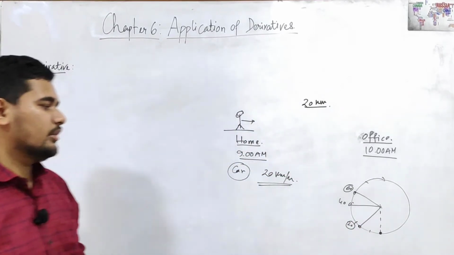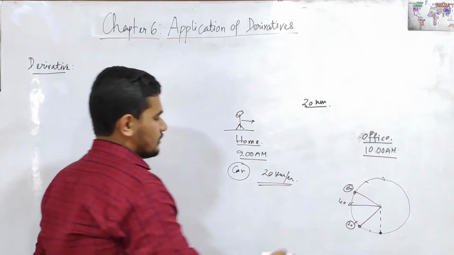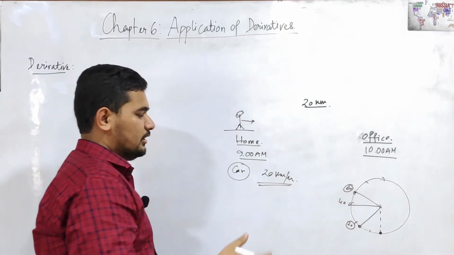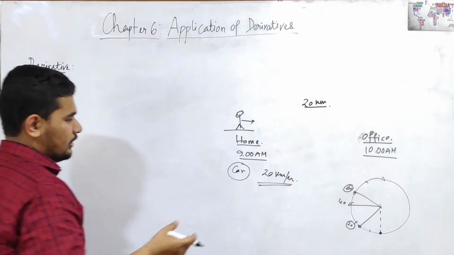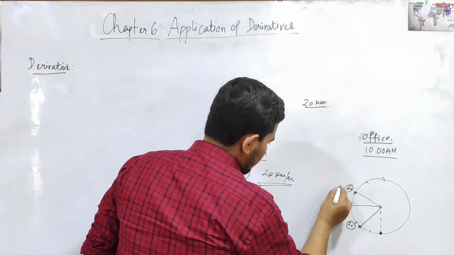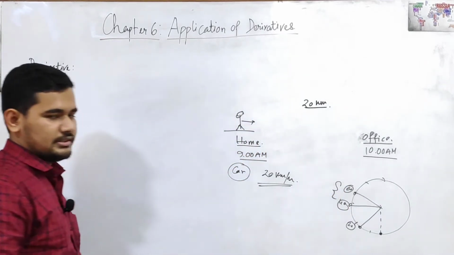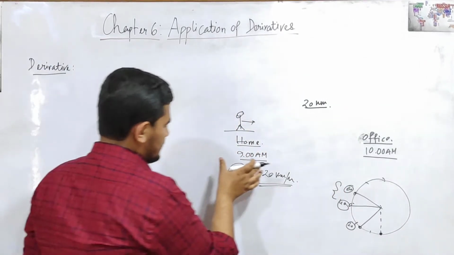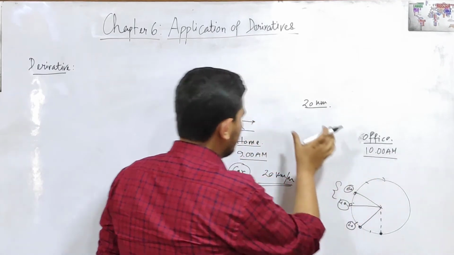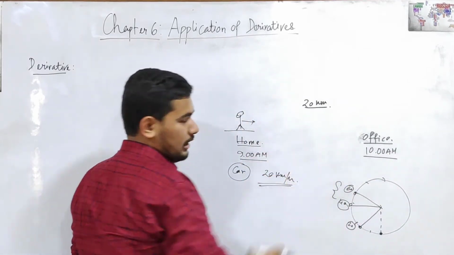Practically, you can observe that any public or private car in Guwahati drives in the range of 40 to 60. So to reach from home at 9 a.m. to the office at 10 a.m., he need not always need 1 hour.